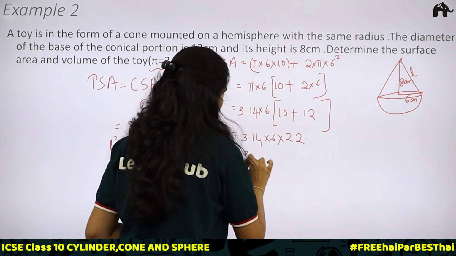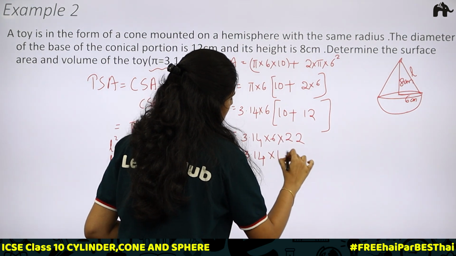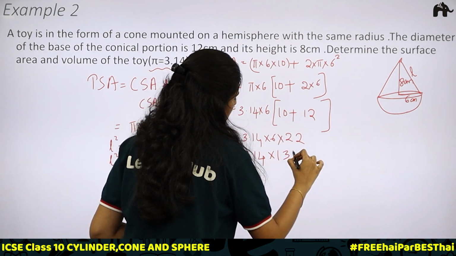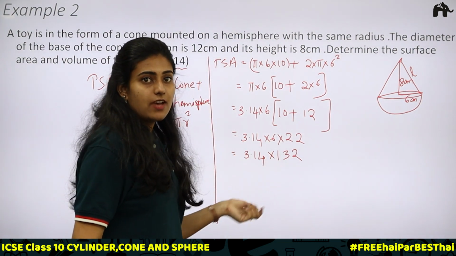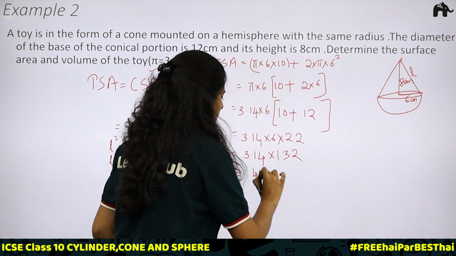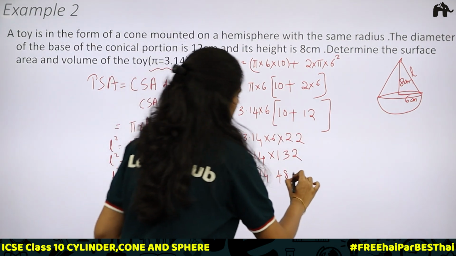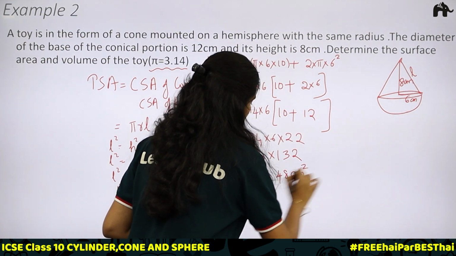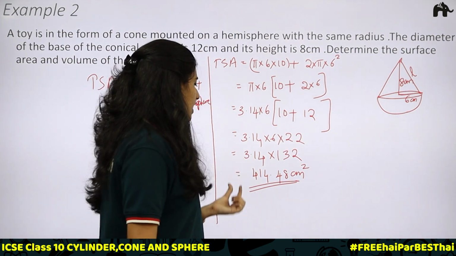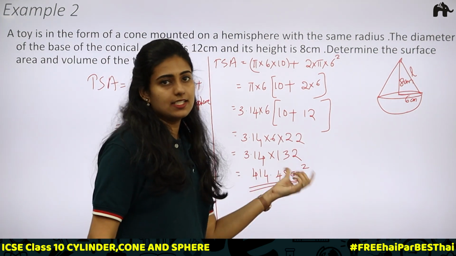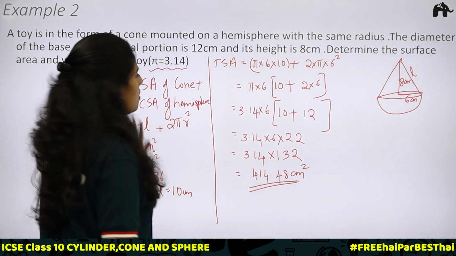That is equal to 3.14 into 6 into 22, which is 132. When you do the calculation, the final answer will be 414.48 centimeter square. So this is the required total surface area. Clear? Next we need to find the volume of the toy.